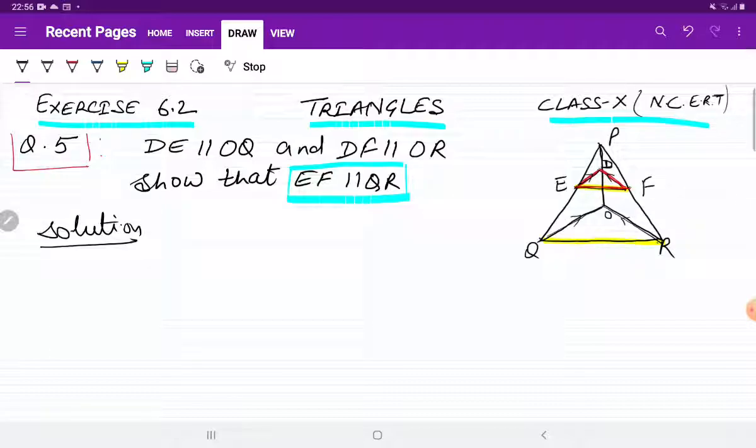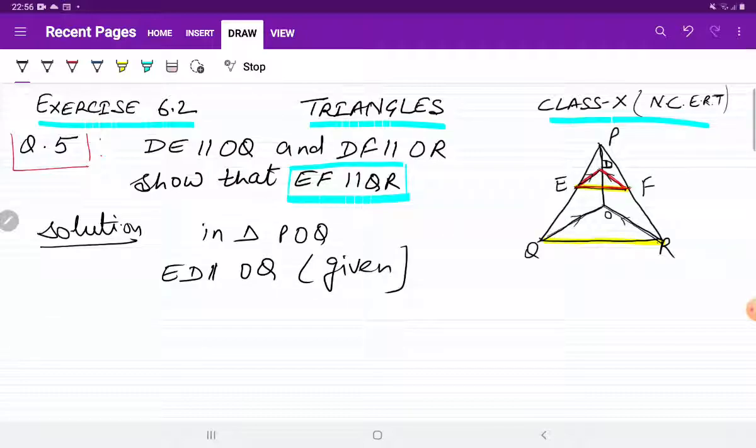Now, first of all, we'll take one triangle, triangle PDQ. In this triangle, side ED is parallel to DQ. This is given. We'll always start our question from whatever is given.